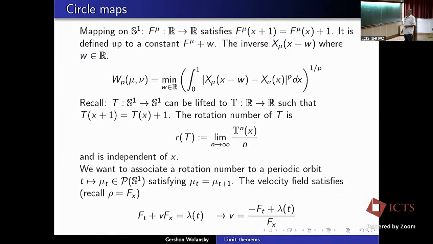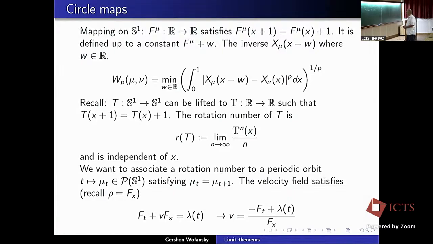So the Wasserstein distance W_p between two measures mu and nu, on the line, is just the p norm of x mu minus x nu, but here we take the minimum over all shifted x mu to get the W_p norm.